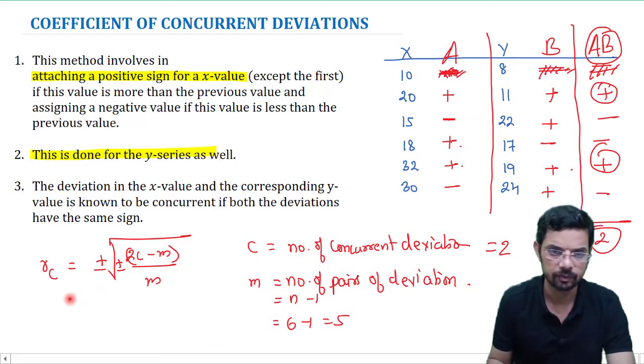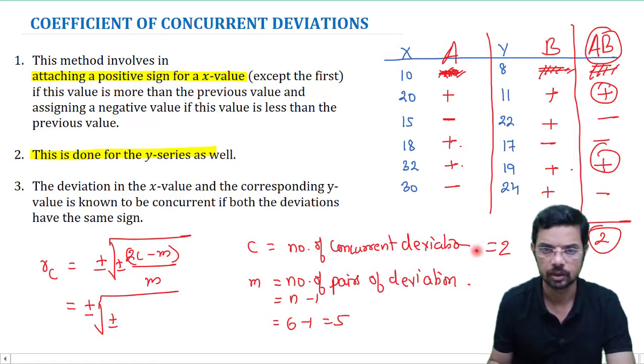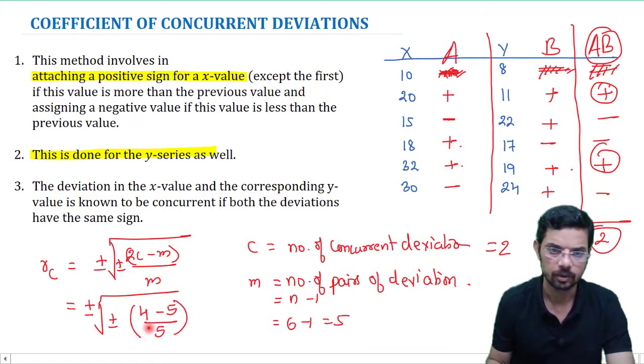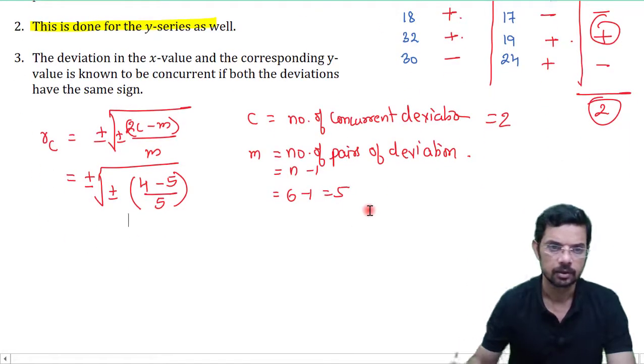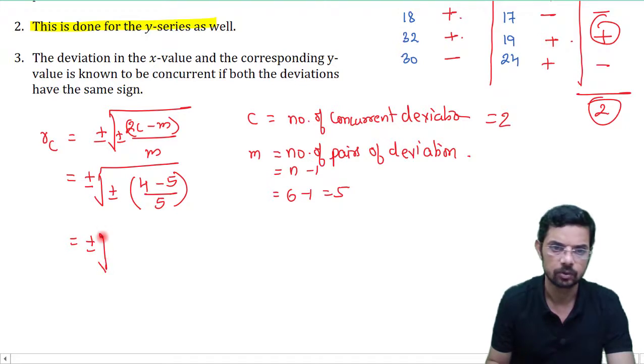So we put all these values inside. We take plus minus square root of, again plus minus, we find out 2C minus M. What is 2C? 2 into 2 is 4, minus 5, divided by 5. This value will be negative. What we get here is plus or minus under root of plus or minus, this is minus 1 by 5.